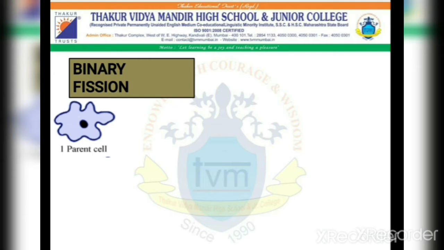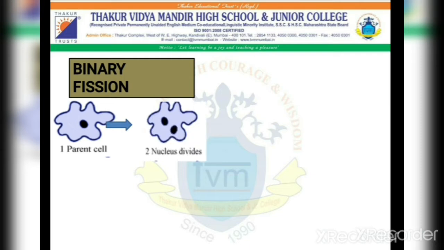Amoeba, we know, has an irregular shape, and since it has an irregular shape, here the axis of fission or the axis of division is not fixed. When the parent cell matures, the amoeba initially starts division. So first the nucleus starts dividing. Now we have seen about the division in part 1 of life processes. The nucleus divides.